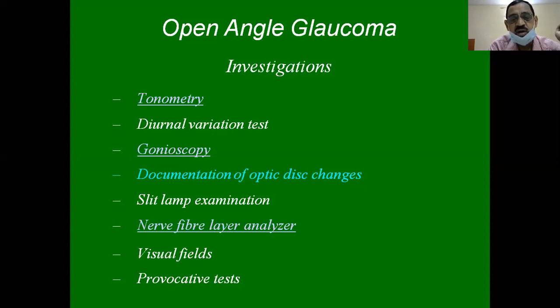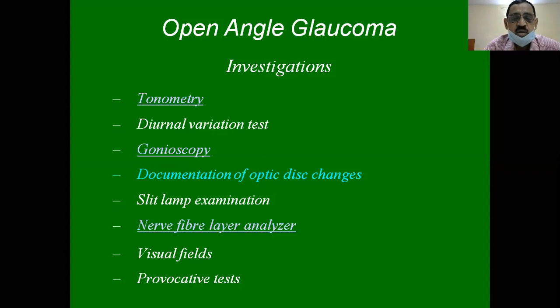And slit lamp examination may not reveal anything initially. The anterior segment may be quite normal. Only in late stages will the pupil be sluggish in reaction, and a hazy cornea may be present.